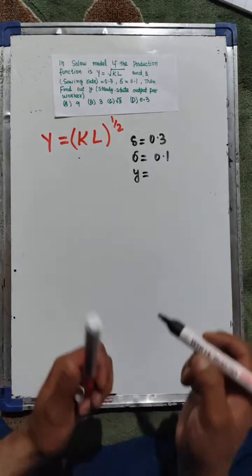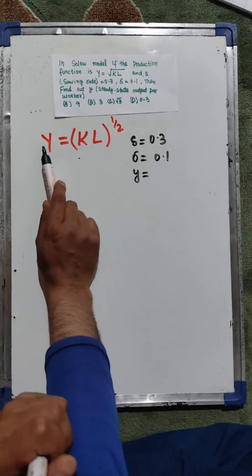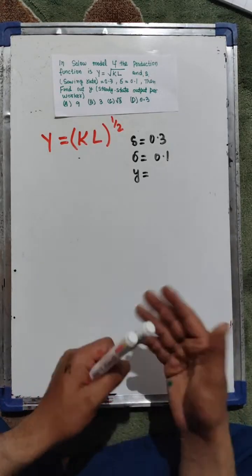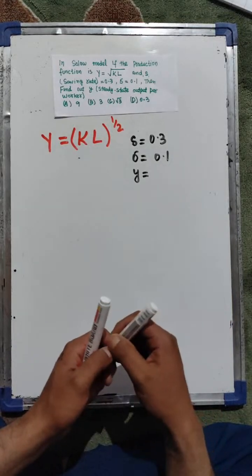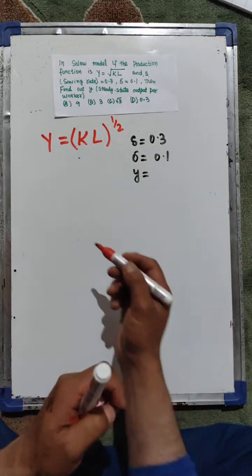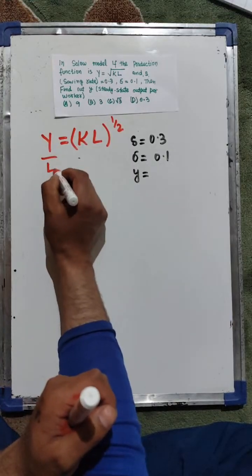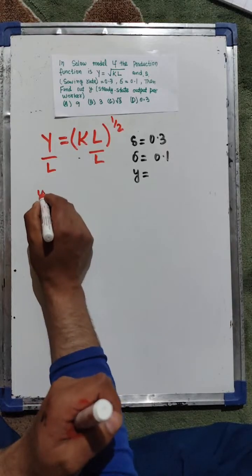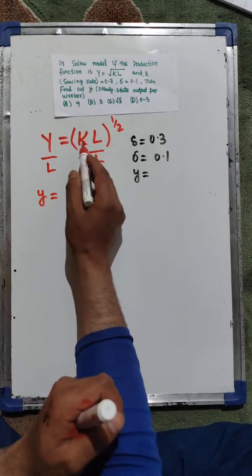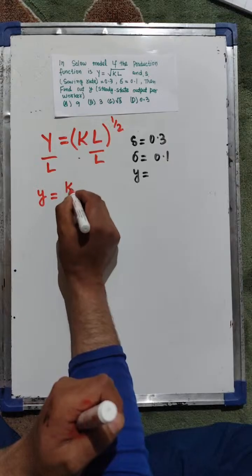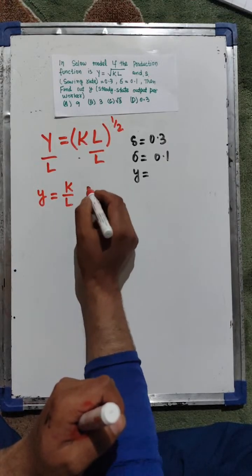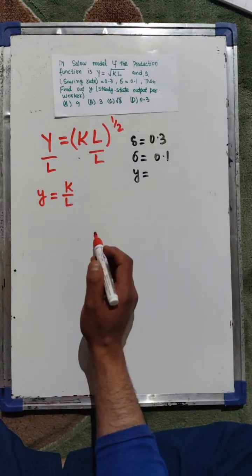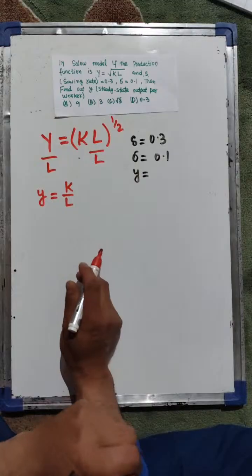We are supposed to find out the small y, which is steady state output per worker. So we change this production function into intensive form, that is, per worker form. Dividing both sides by L, we get small y is equal to K upon L, capital K upon capital L times L upon L. So L and L get cancelled here.